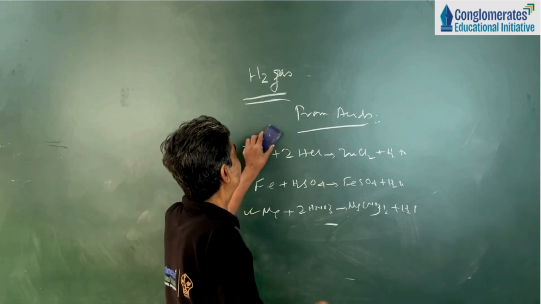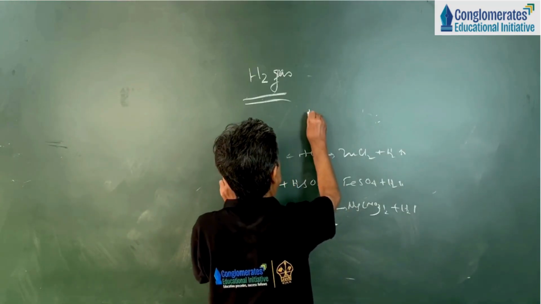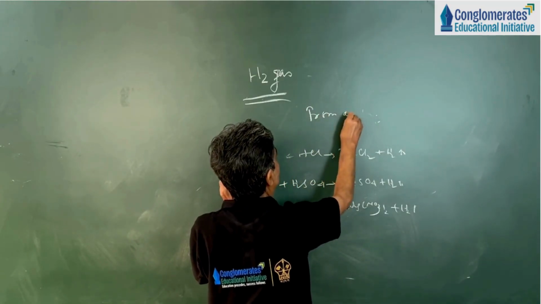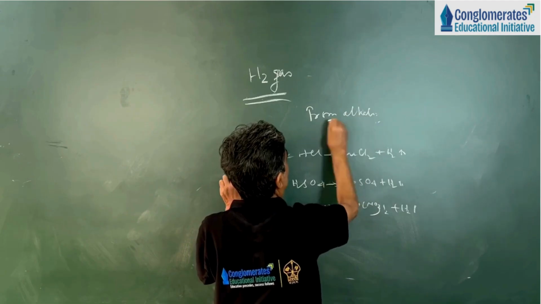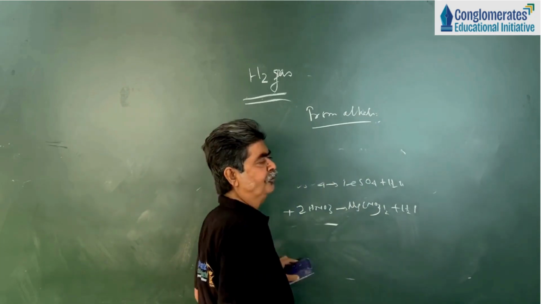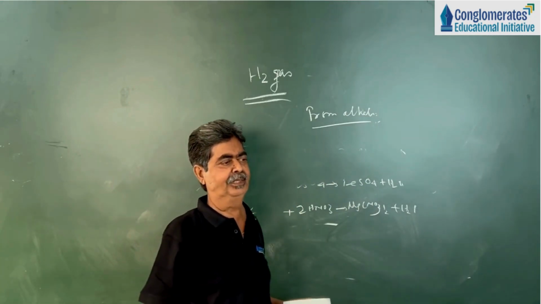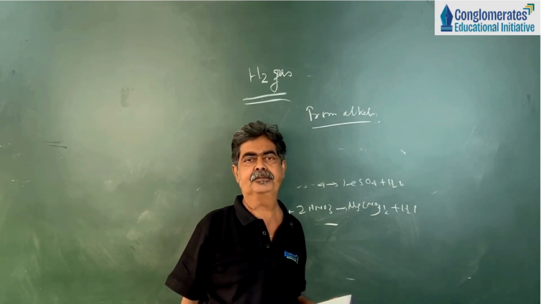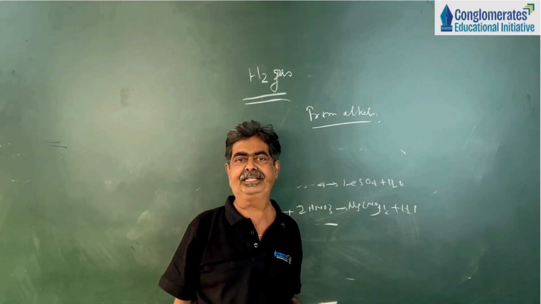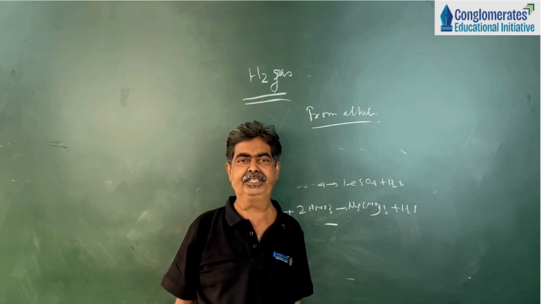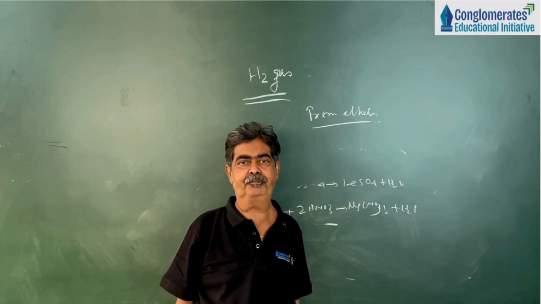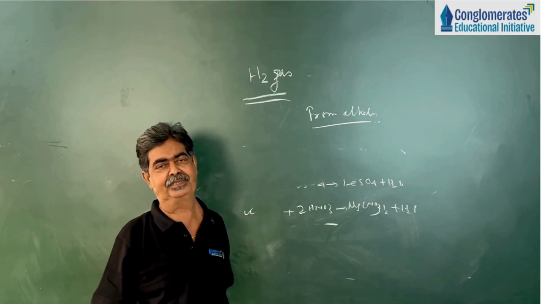Now next is from alkali. Few metals like zinc, aluminium, lead, tin, antimony also produce hydrogen gas from the alkalis.